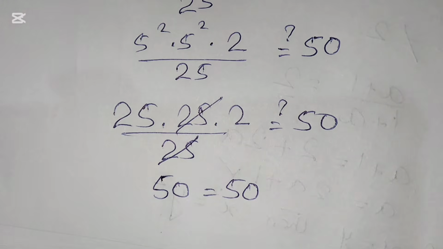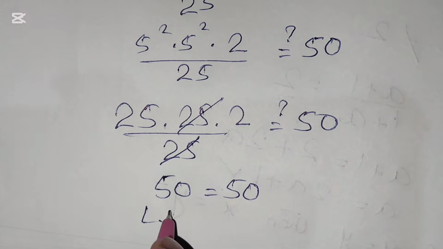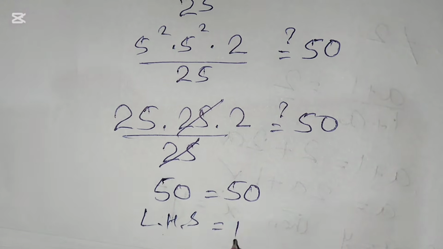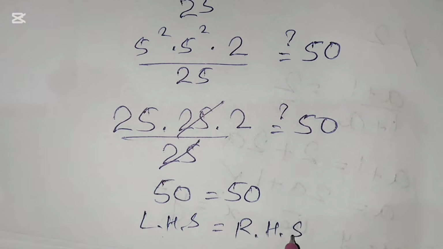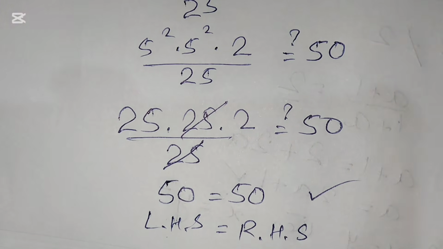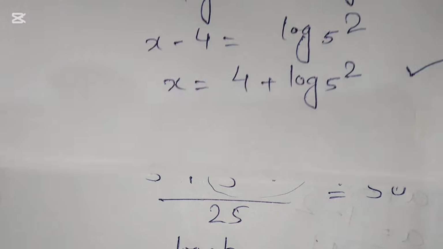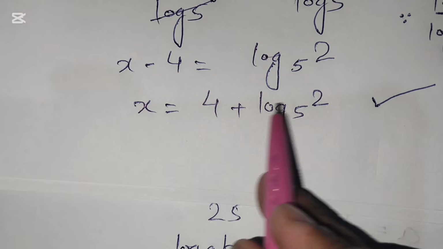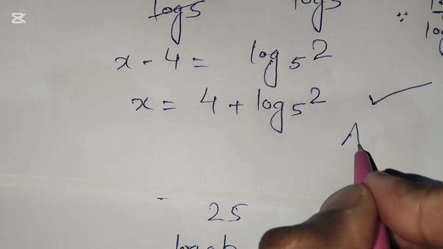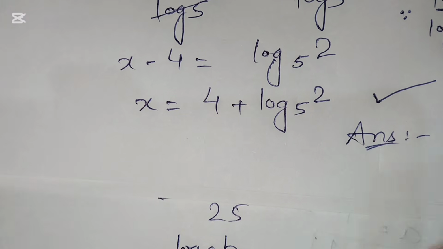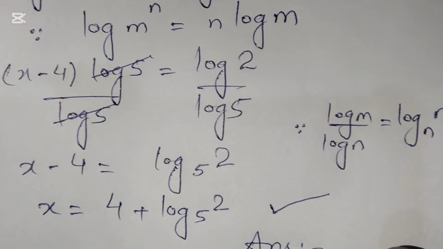It means that the left hand side of the equation is equal to the right hand side, and our value of x, which is 4 plus log of 2 with the base 5, is the final answer. And I hope you understand this video.